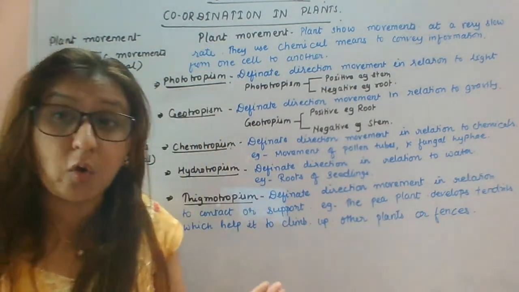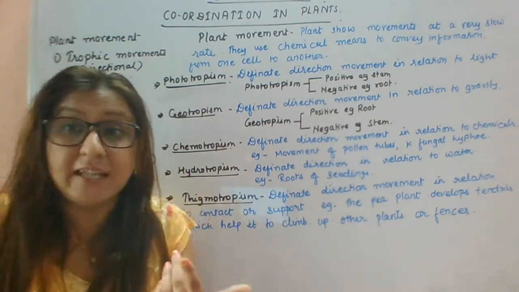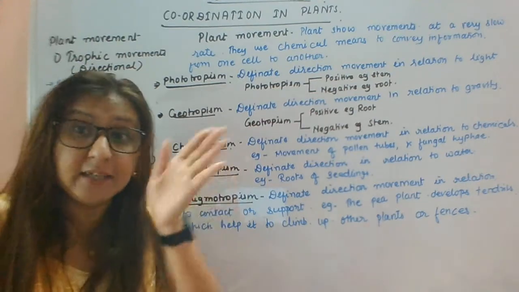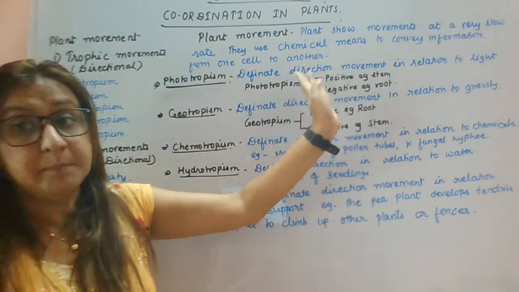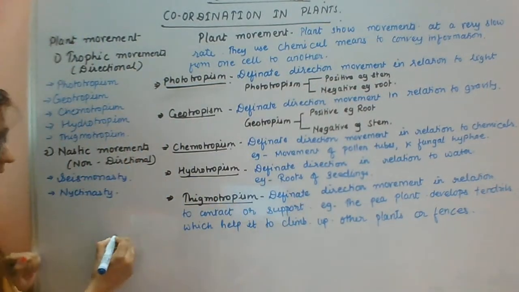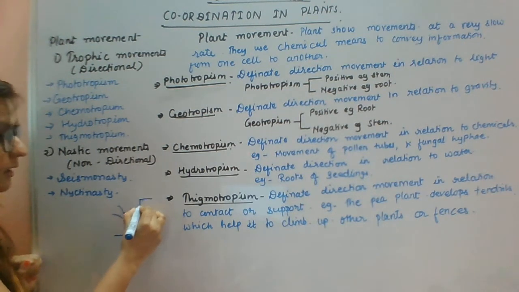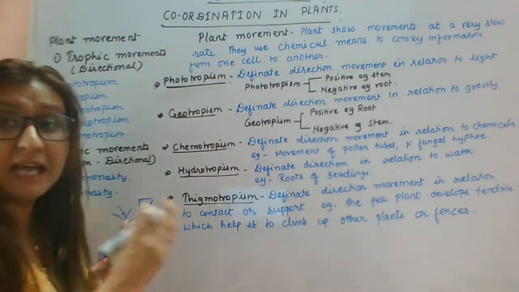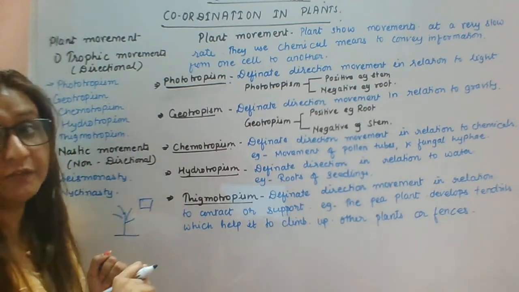First is phototropism. Photo means what? Light. Phototropism means when the movement occurs in the direction of light. See, suppose this is a plant, and I am putting this plant in a dark room, and in that dark room only one small window is there.